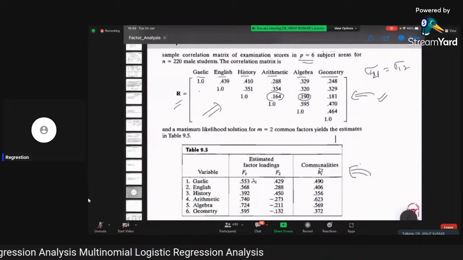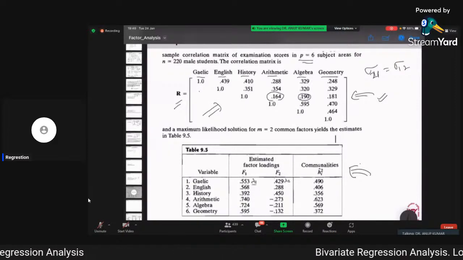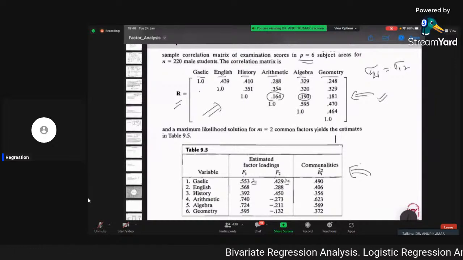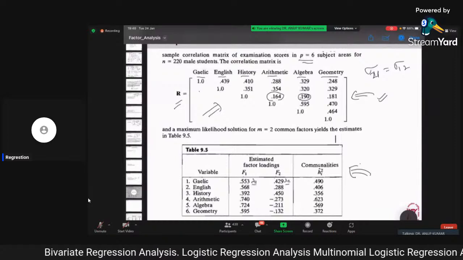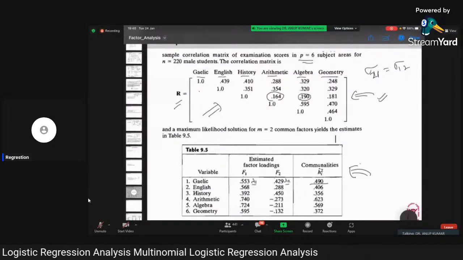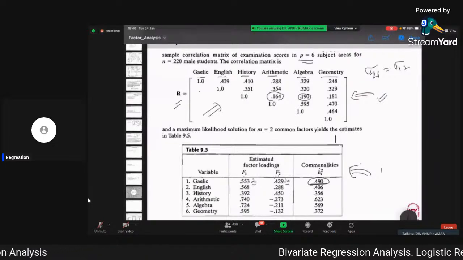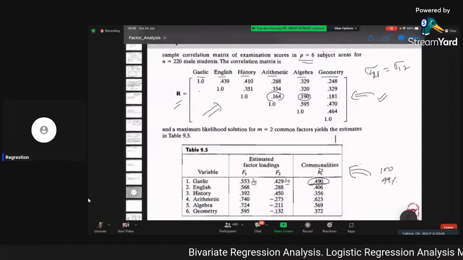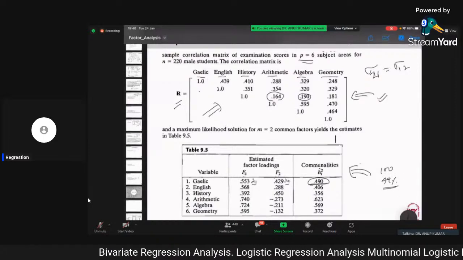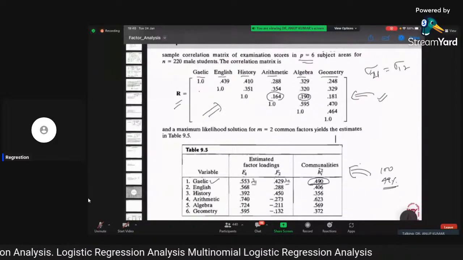So 0.533 is nothing but lambda 11. And how much factor 2 is contributing is lambda 12. This is what is being estimated, which is what I was discussing. And these are the communalities. Communality is how much of the variability these 2 factors explain. So only 49% is being explained by these 2 factors for this variable.